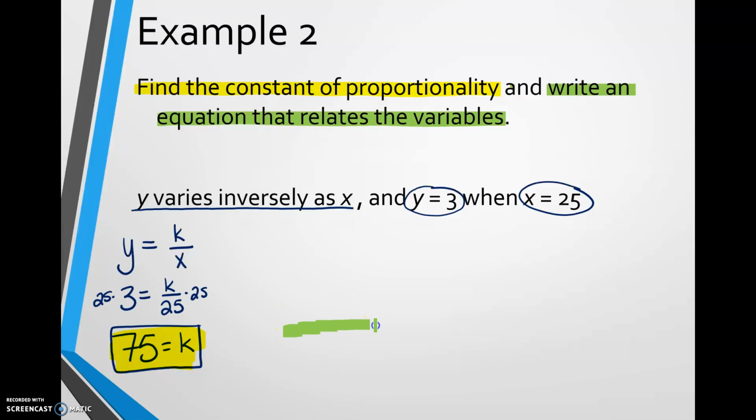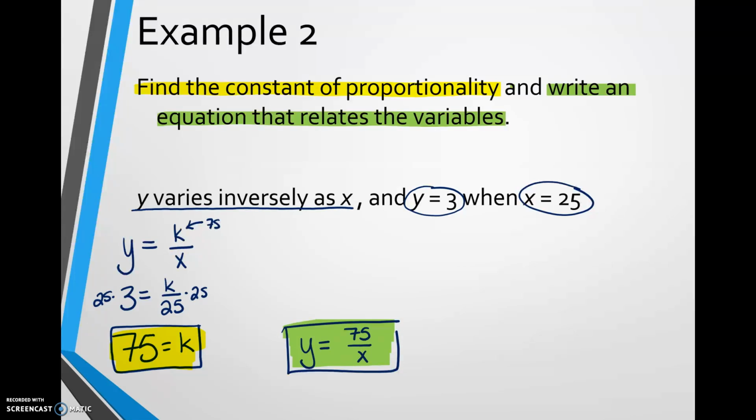So we need another answer that relates the variables. Basically, we need to go back to the equation we started with, y equals k divided by x, but now, do we know what k is? Yep. Now we know that k is 75, so rewrite the equation y equals 75 divided by x. That is the other answer that they want you to have.